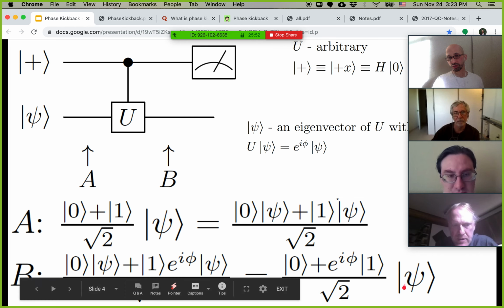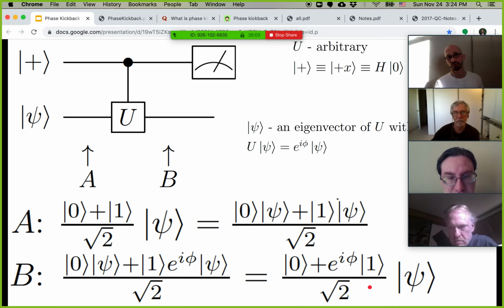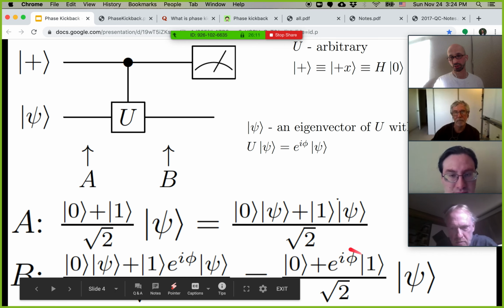So I factor this out, and because I can factor psi out, in a sense I must factor it out if I want to separate this combined state of two qubits into two separate qubits.